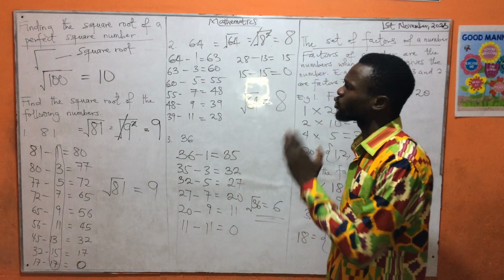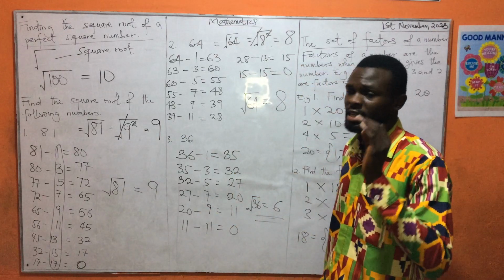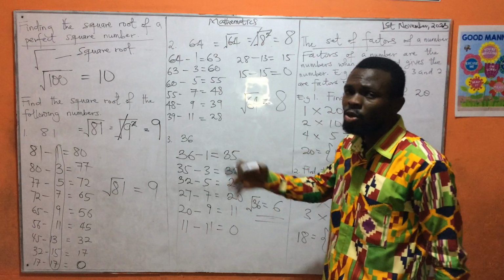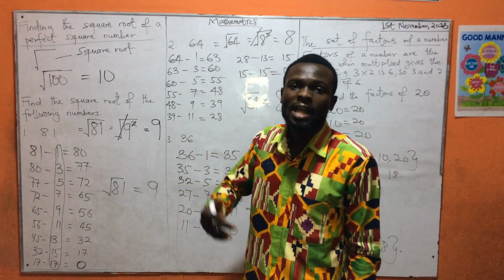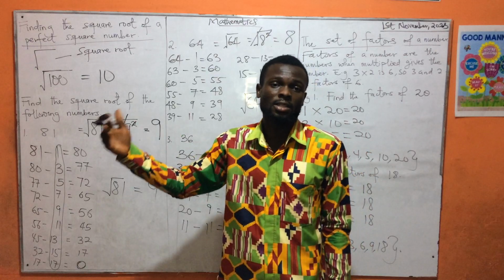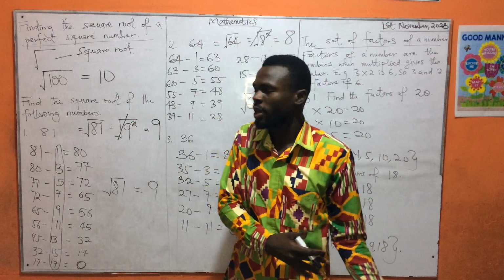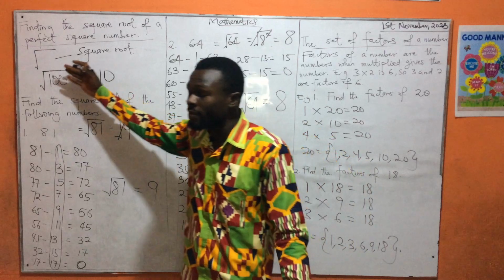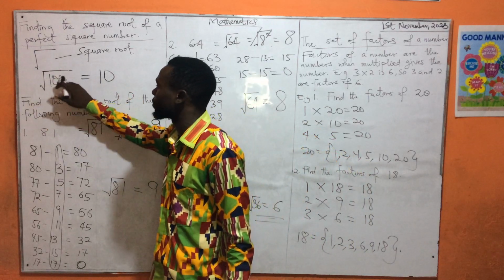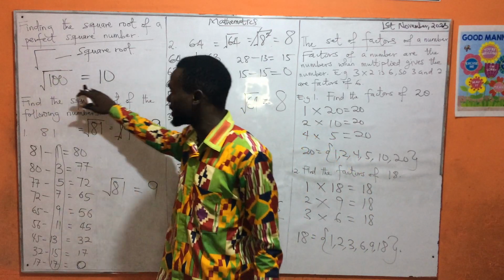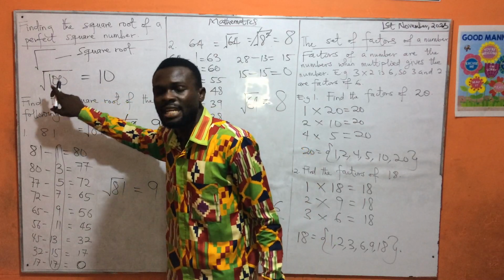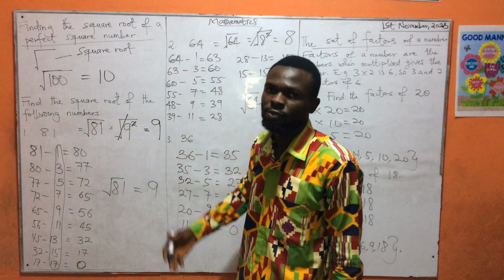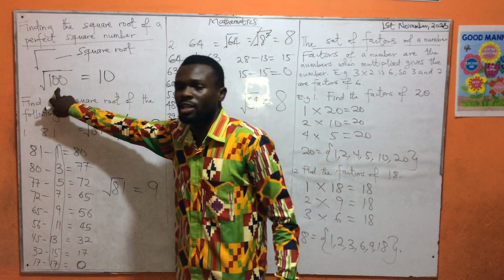Today, let's quickly do a recall. We look at finding the square root of a number, which is a perfect number. And we said the square root of a number is the integer that when multiplied by itself gives you the perfect square. And we gave an example that the square root of 100 is 10. Why is it 10? It is 10 because we want the number times itself that will give us the number in the square root.